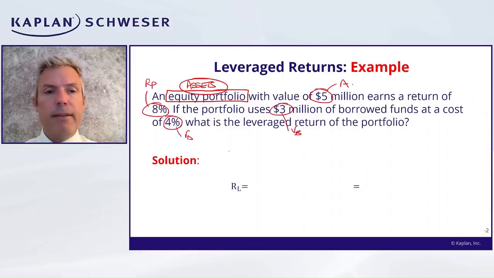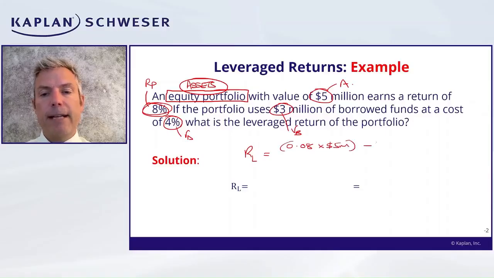So using my simple method, your leveraged return is going to be everything you earn on the assets. So your assets have earned 8%. That's your RP multiplied by 5 million, minus what you pay for your debt, your dollar cost of debt, which is 4%, 0.04 of the value that you borrowed. So we've borrowed 3 million.